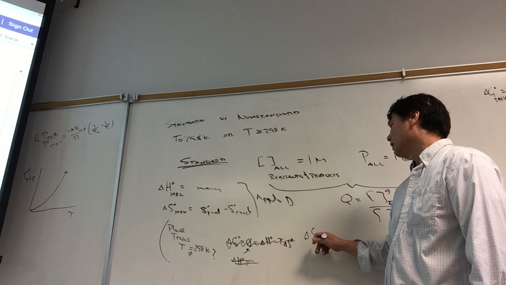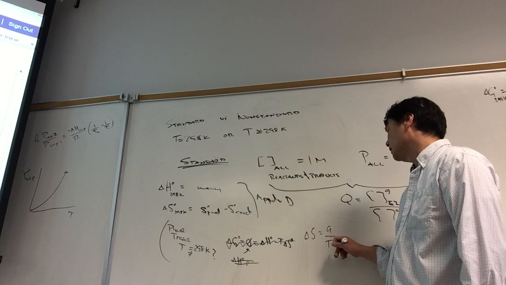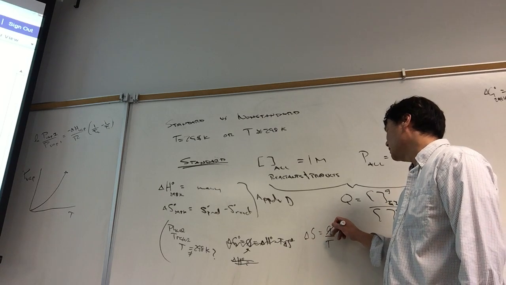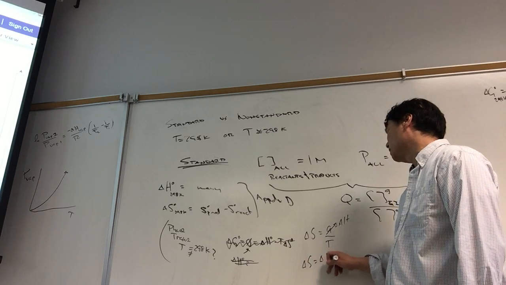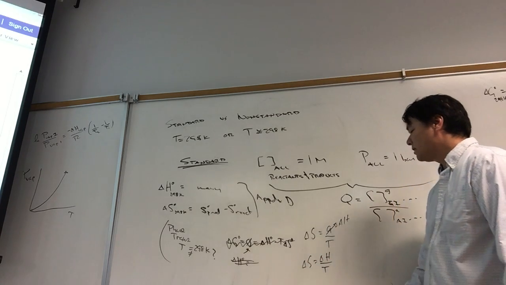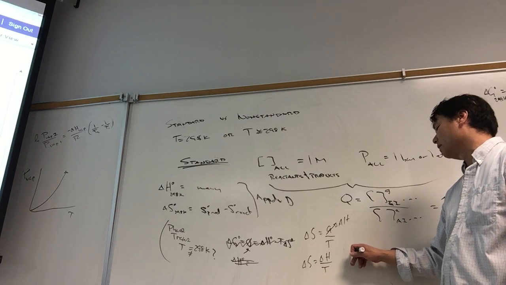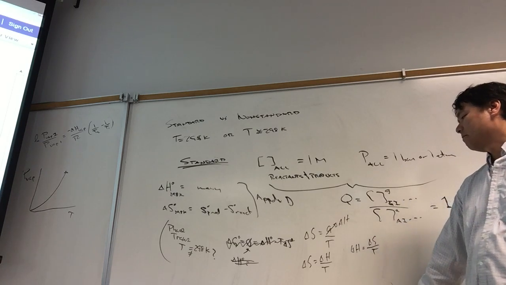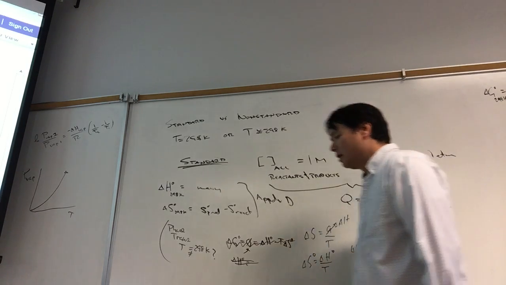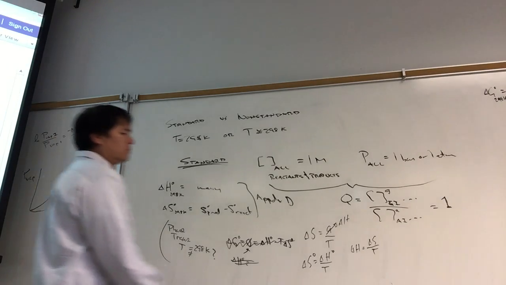It's going to be delta S is equal to Q over T. And if Q is under certain restrictions, we can call that delta H. So delta S is equal to delta H over T. And so at phase transitions, we can calculate delta S if we're given a delta H and the temperature, or we can calculate the delta H given a delta S. This would be under standard conditions, but phase transitions are tricky, so there are going to be restrictions to these as well.